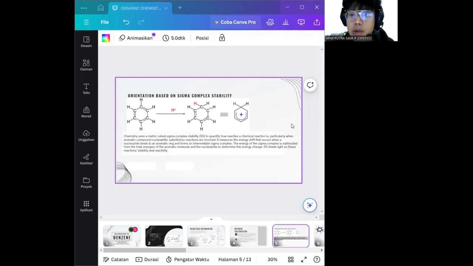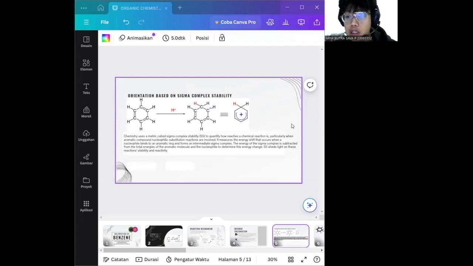Today I am here to talk about orientation based on sigma complex stability. First of all, chemistry uses a metric called sigma complex stability, or SS, to quantify how reactive a chemical reaction is, particularly when aromatic compound nucleophilic substitution reactions are involved.